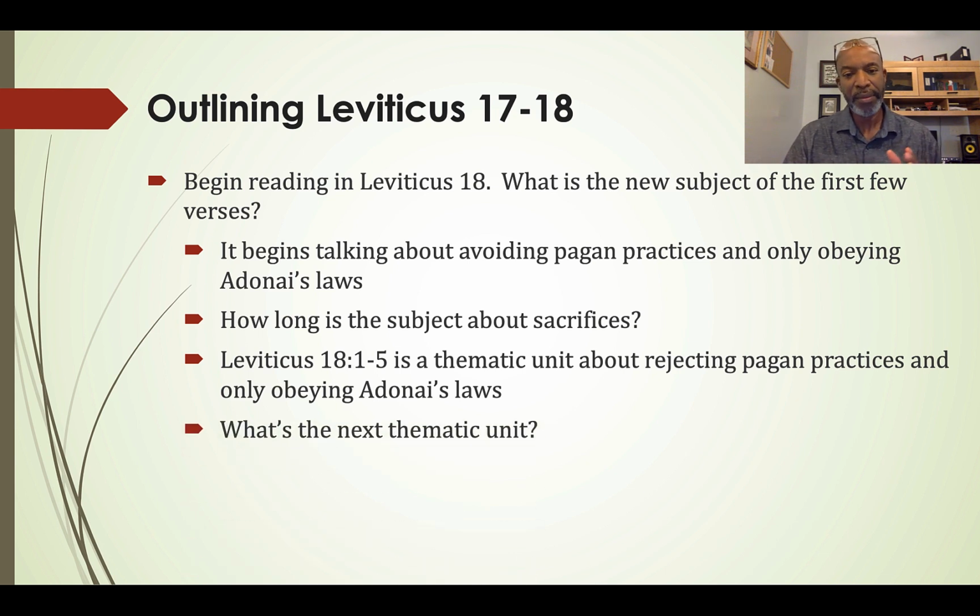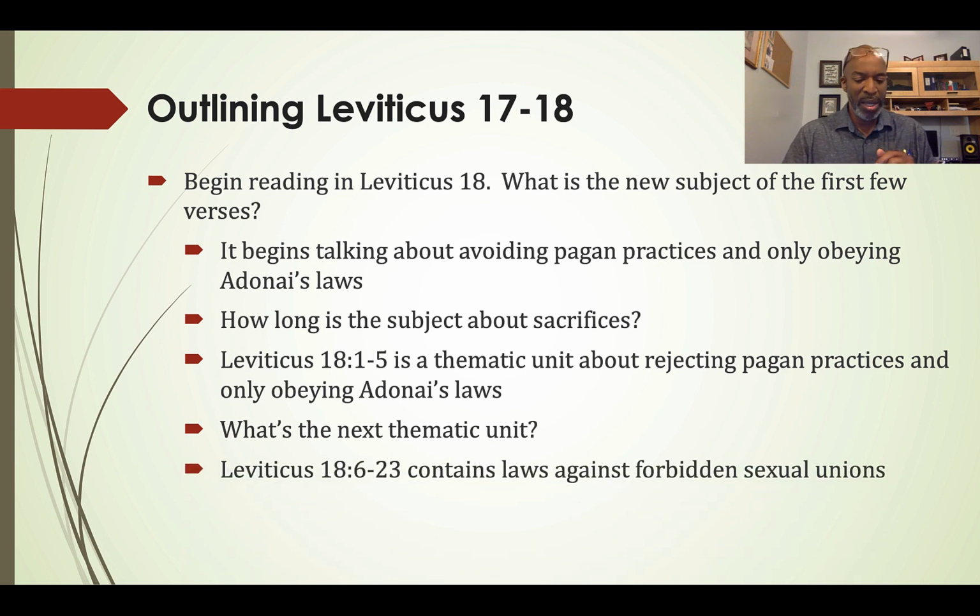All right. On this one, we're just going to keep reading a little bit. We want to get a bird's eye view of the whole chapter of chapter 18. So already we can see we're talking about avoiding pagan practices. So what's the next thematic unit? If we read, what you're going to see is that from verses 6 through 23, it talks about laws against forbidden sexual unions.